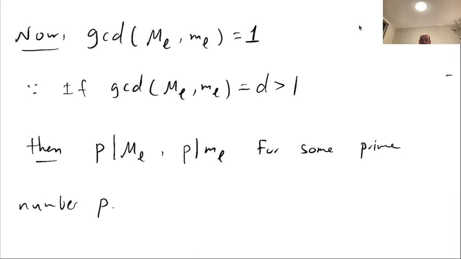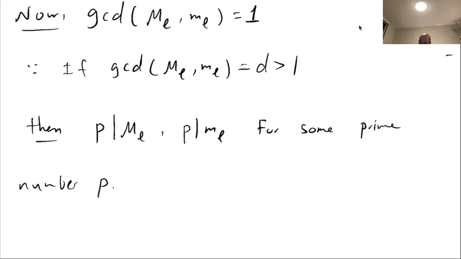And I want to reach a contradiction because I want to show that the GCD is 1. So if it's not 1, then at least one prime number divides both of them.